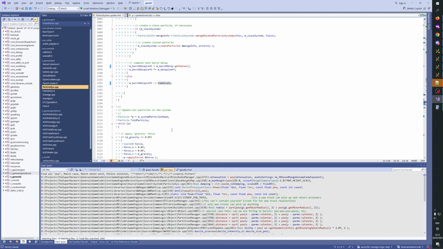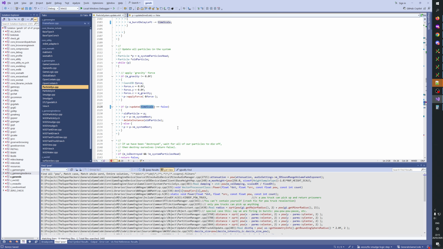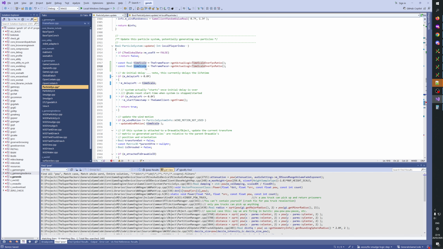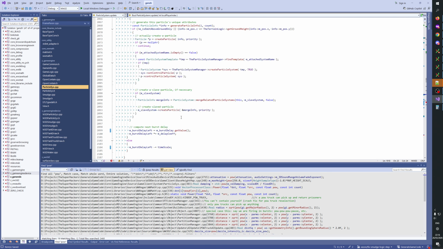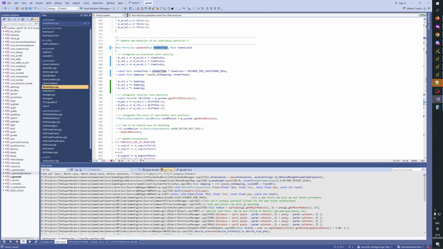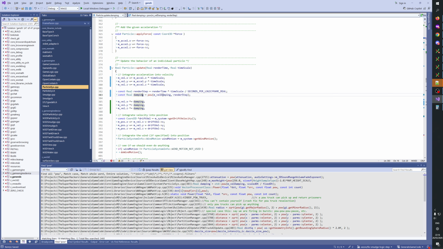Here we have time scale. Let's call this render time. Get update time. Okay, render time, render step, damping, step, okay.